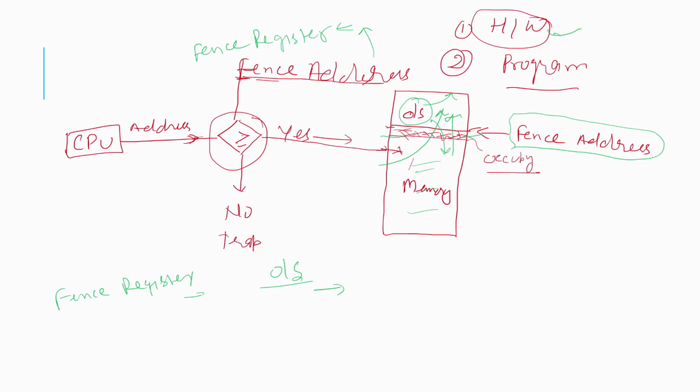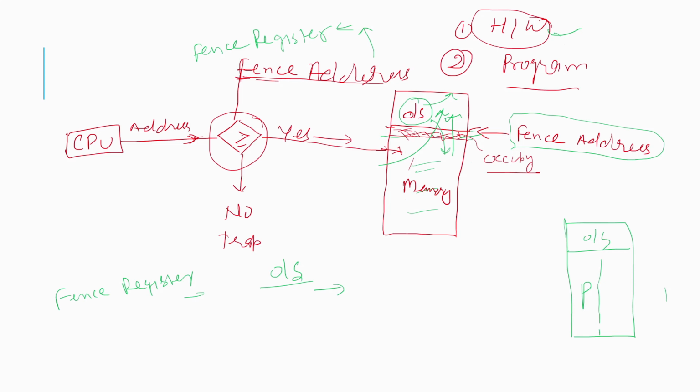This is only suitable for a single user program, where a single program is there in the system. This implementation is suitable for that: operating system plus a single program. It is not suitable for multiple user programs.